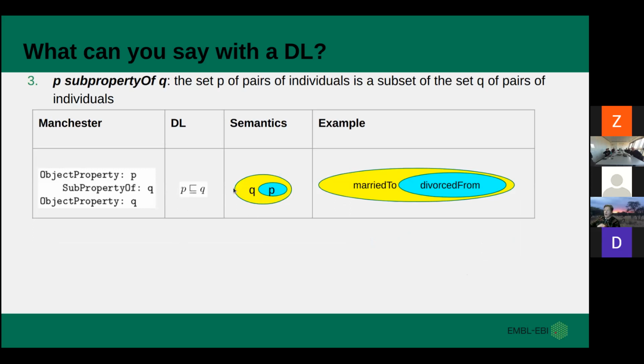And here you have, again, that this is a subset of the larger set Q. But the difference between this and subclass is that here these are pairs, whereas with classes, subclasses, we had single individuals. An example of this is that you would expect the divorced from set to be a smaller set than the married to set, mainly because you need to be married before you can get divorced.